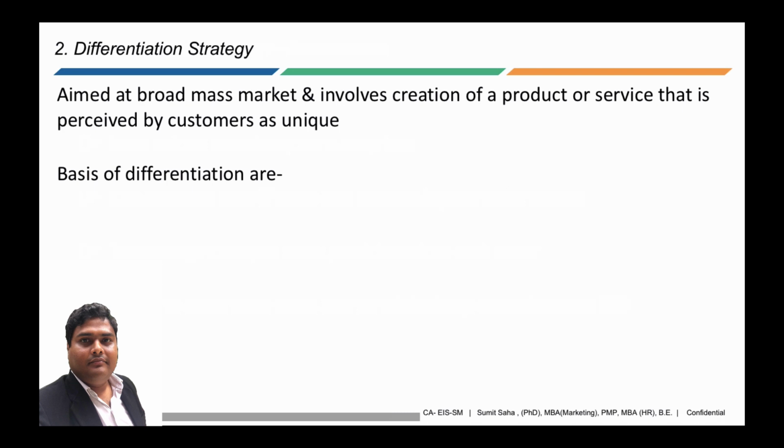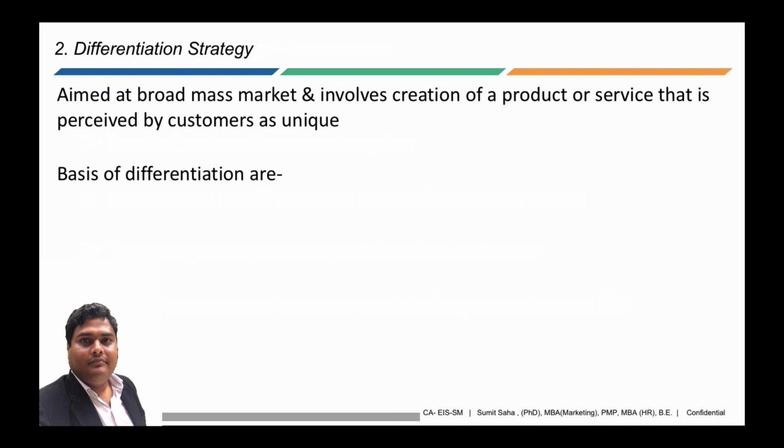I'm 100% sure everybody will accept that. So there is no better example than Apple. When I'm talking about the differentiation strategy, you understand some products will have features wherein the product or service is really different.